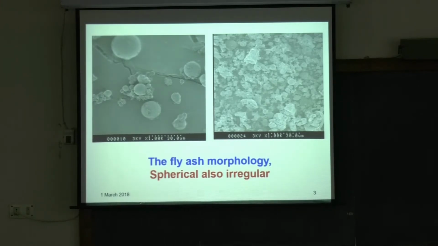You can have spherical fly ash, and you can also have irregular shaped fly ash. Both are shown at the same scale bar. From here to here is 30 micron in the picture. So the fly ash morphology is spherical and also irregular.